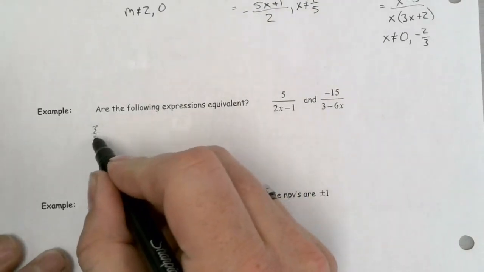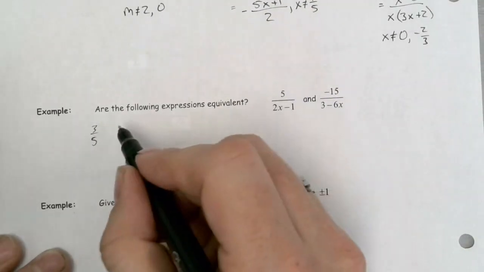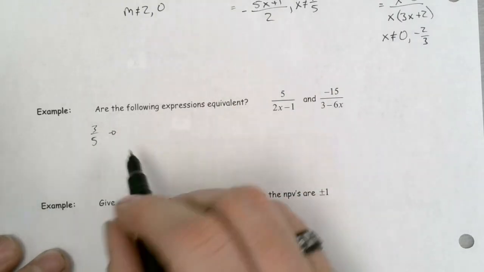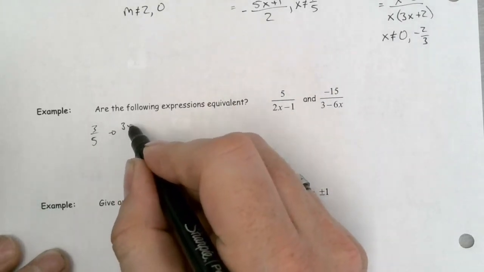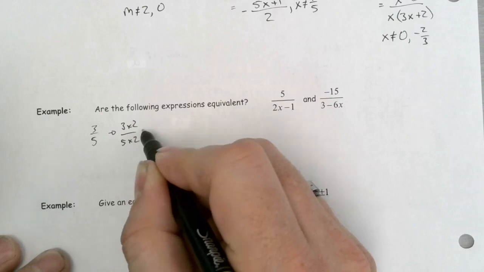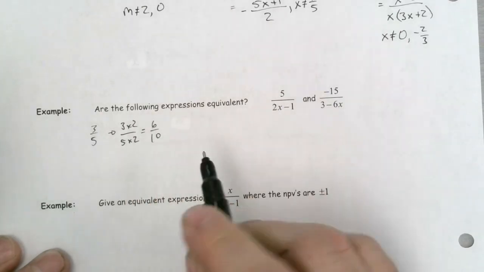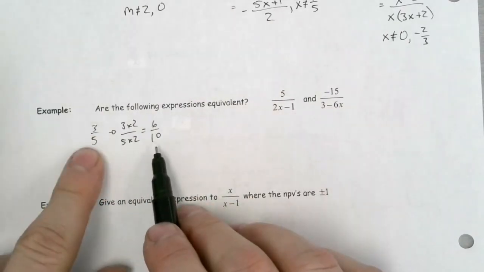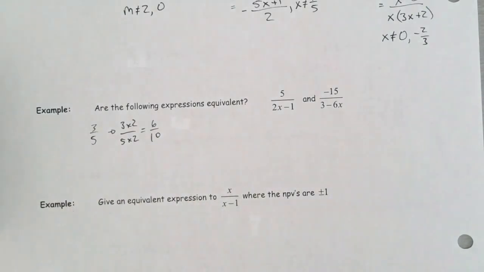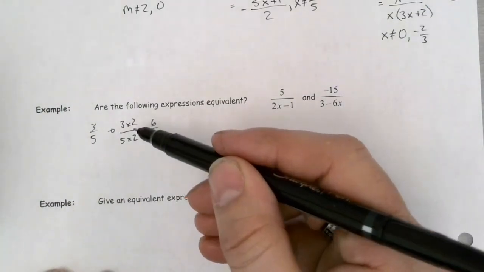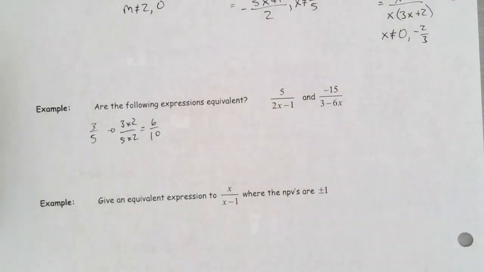If you've got, let's say, 3/5, if I multiply the numerator and denominator here by 2, then I'm going to get 6/10. But we know that 6/10 and 3/5 are going to be equivalent expressions. That multiple of 2, as long as it's in the numerator and denominator, doesn't change the fraction, even though it changes how it looks.